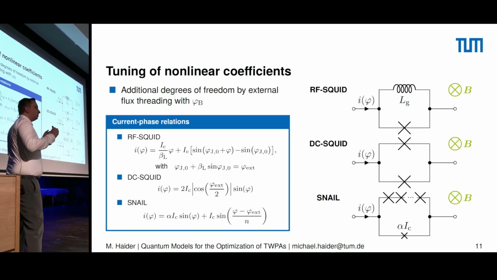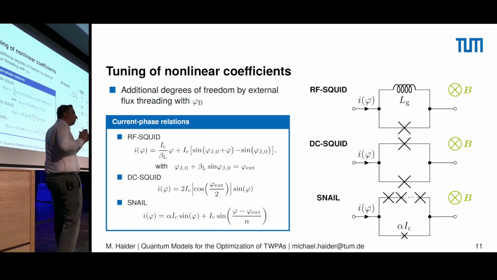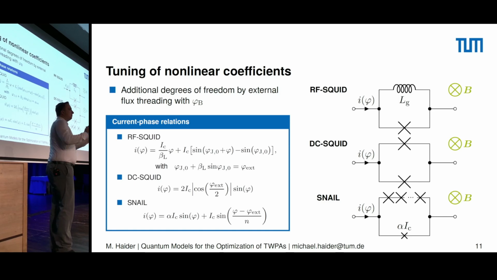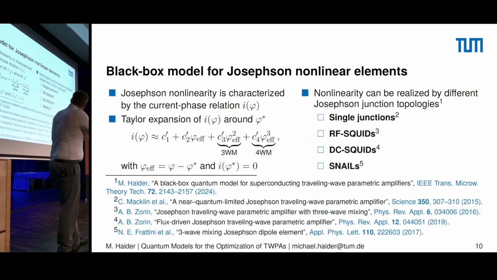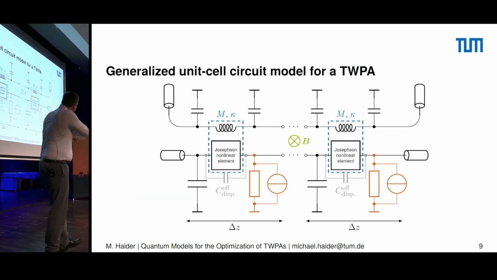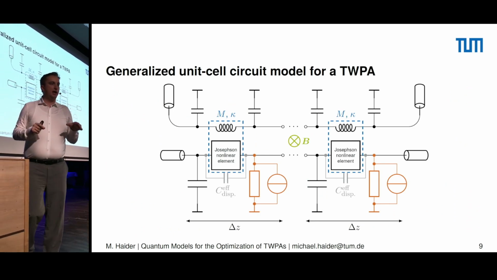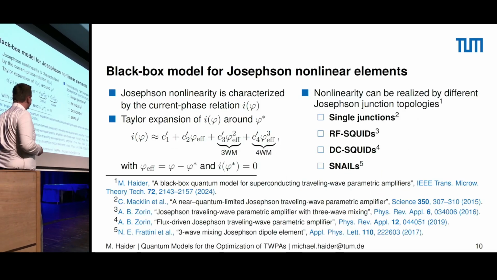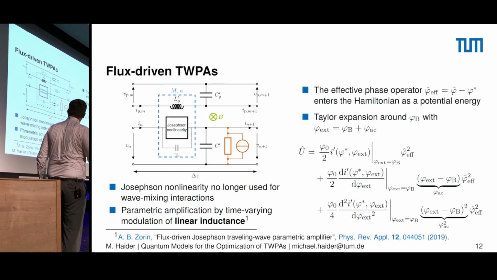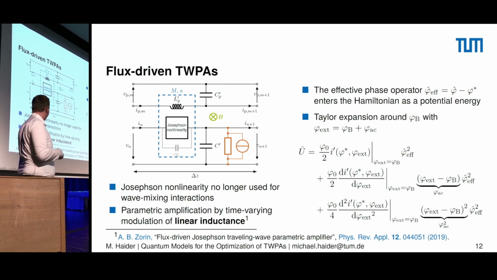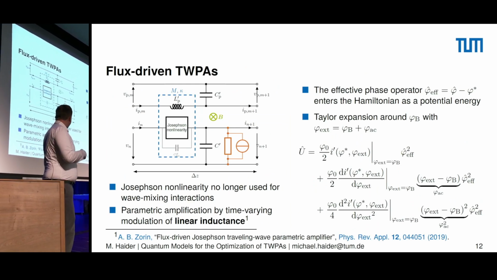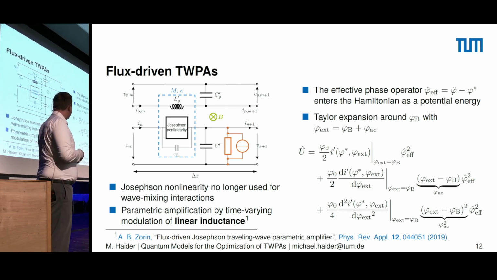So we don't use just a constant field to drive it to some operation point, but in addition we use a coupled second microwave line here to introduce some smaller fluctuations around that, to do a time-dependent modulation of the system. This is called the flux-driven traveling wave parametric amplifier, given this theory paper by Zorin here. This was the idea.